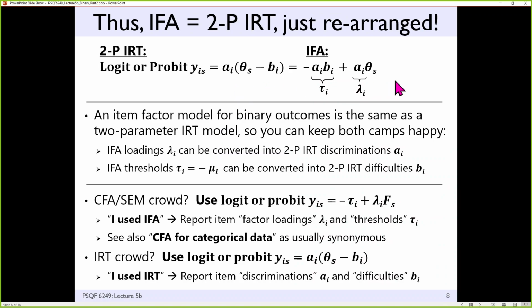So this means that you can report it either way. So you can convert your loadings into A's. It's exactly the same thing if your factor is standardized. And you can convert your threshold into a negative intercept or into a location. So then you get to be strategic about how you describe your model.